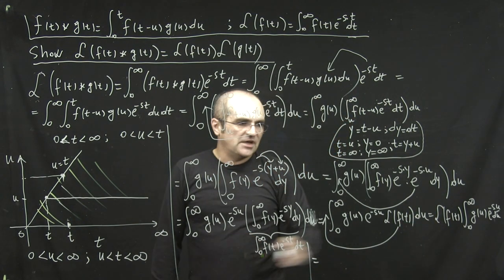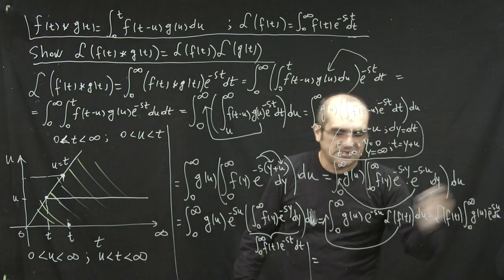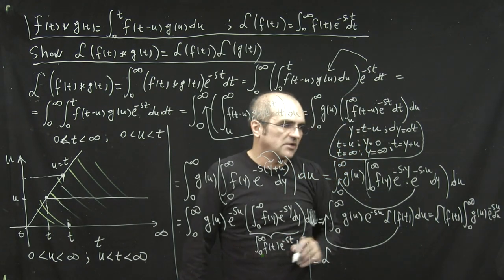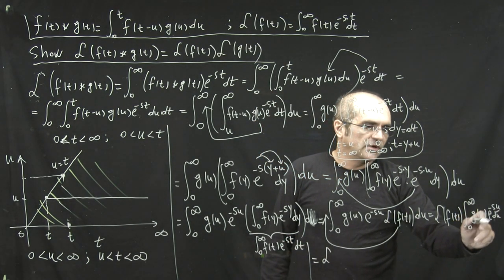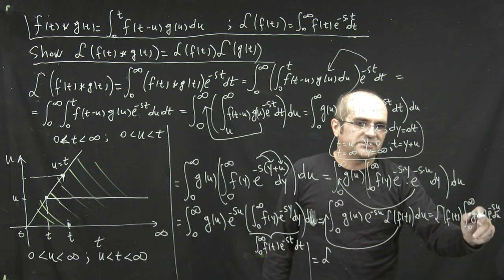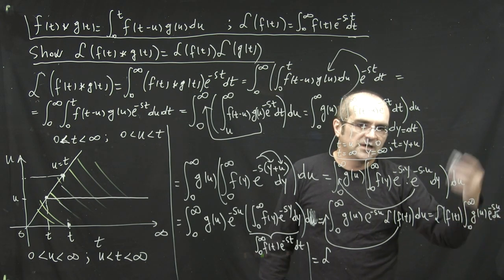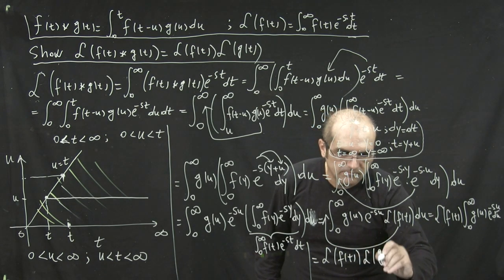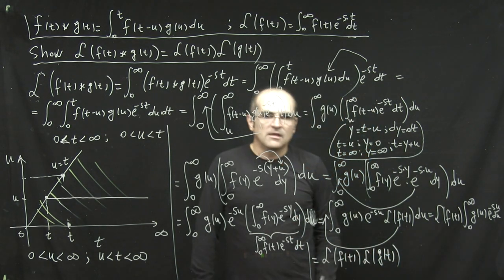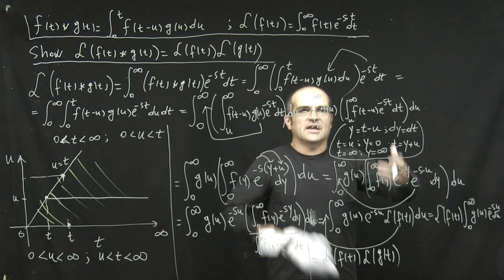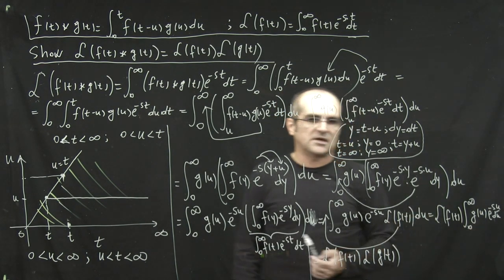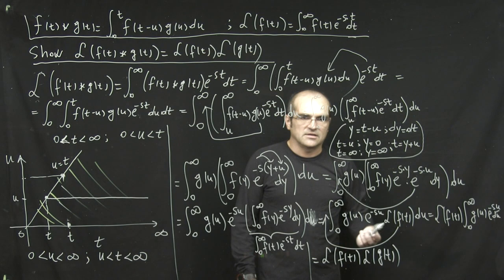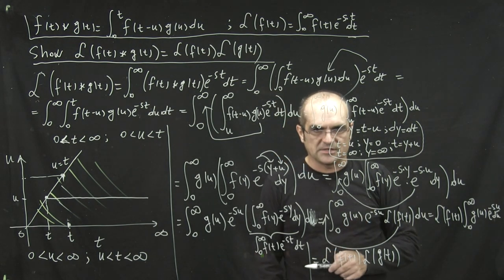It's the Laplace of g of u, but that's the same as the Laplace of g of t. Whether you write g of u e to the minus su du or g of t e to the minus st dt, that's still the Laplace of g of t. The Laplace transform of the function is a function in s. If you solve that integral, the variable of integration doesn't actually matter.